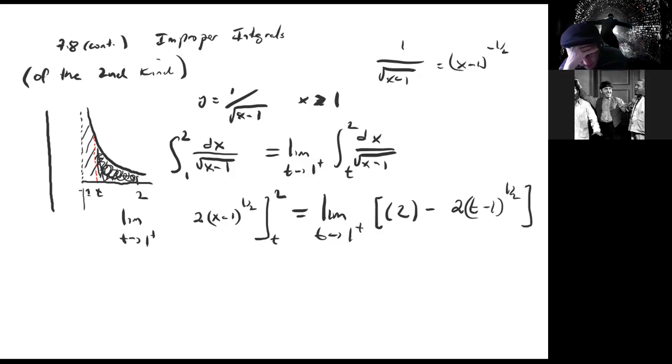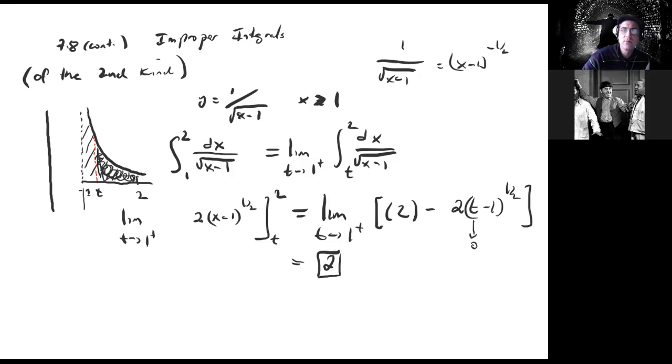Now what happens as T approaches 1 on the right? Well, if T approaches 1, then T minus 1 is a non-negative number that's getting closer and closer to 0. So this is going to 0. And so in the limit, you're going to get that this is equal to 2. So that is an example of an improper integral of the second kind.